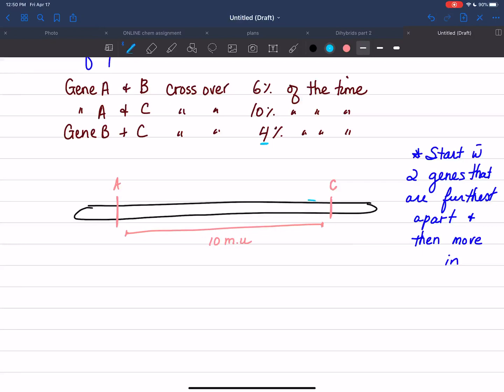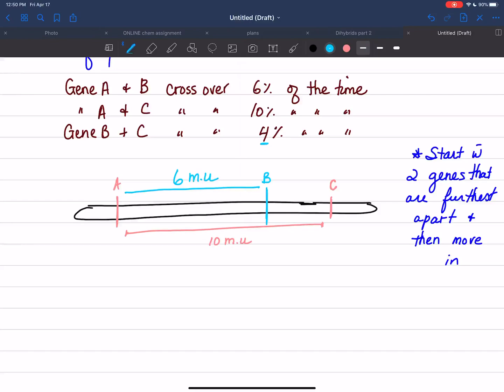So I move my way inward. Okay, so we said 6% between A and B. So if this is 10, probably 6 is about there. And so that's where I would place B. And then we said this and this is 6 map units apart.